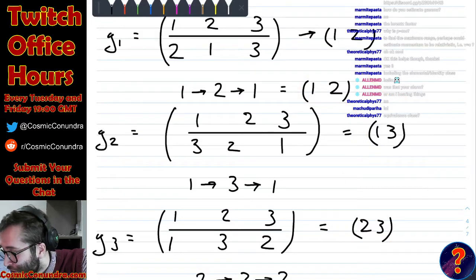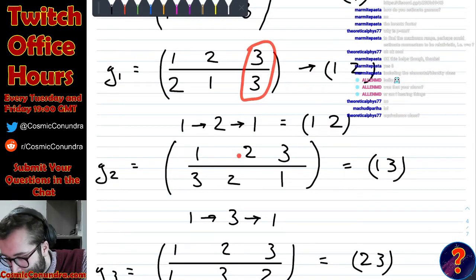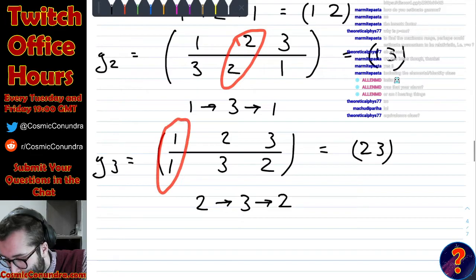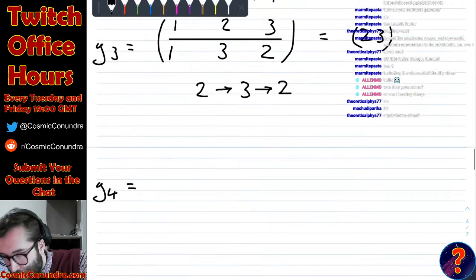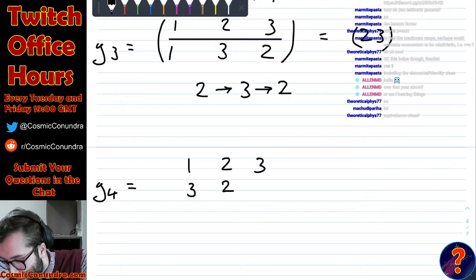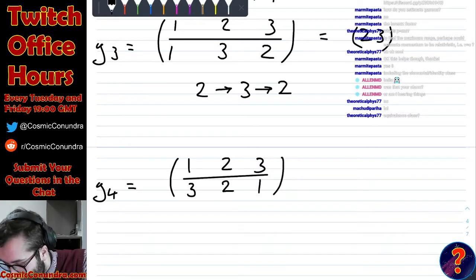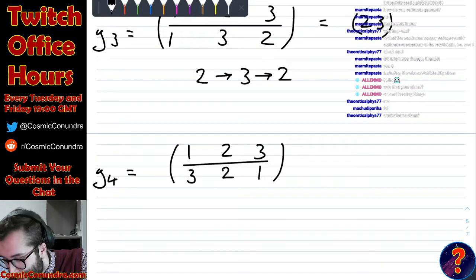So now we have to think about doing something to all 3 numbers rather than just 2 numbers. We can no longer keep, for example, 3 fixed, or 2 fixed, or 1 fixed. So let's think about going from 1, 2, 3 to 3, 2, 1. This is not a cyclic permutation. Sorry, hang on, that's not right.